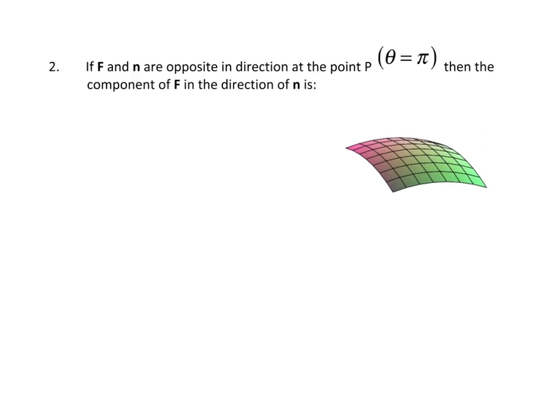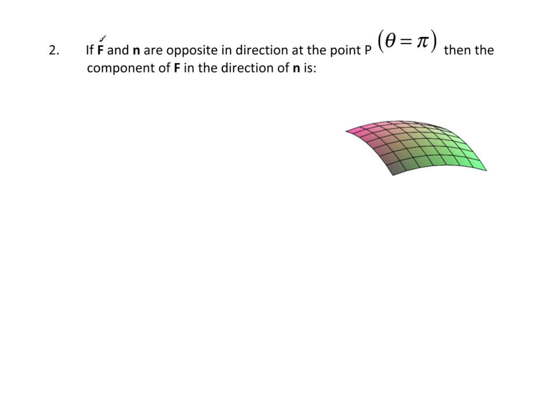Now, if F and n are opposite in direction at the point P, here I have my point P and my unit normal vector, and F flows in the opposite direction like this.